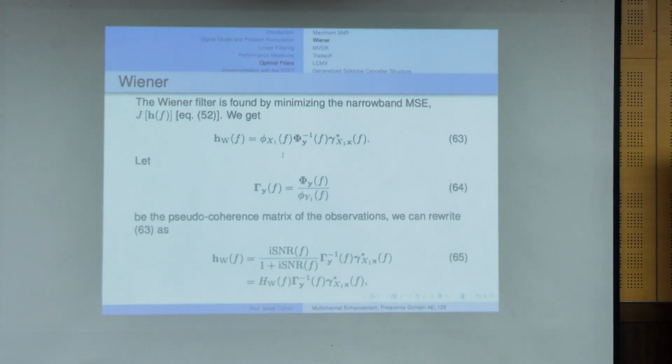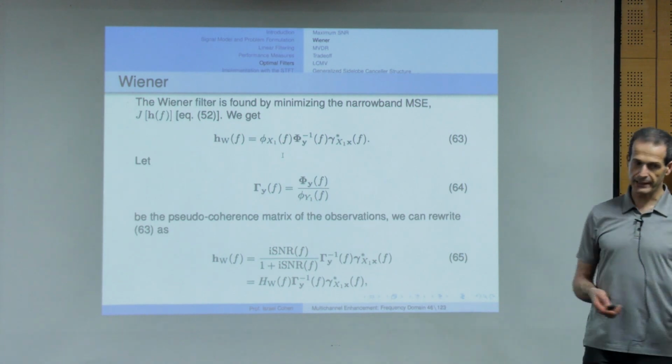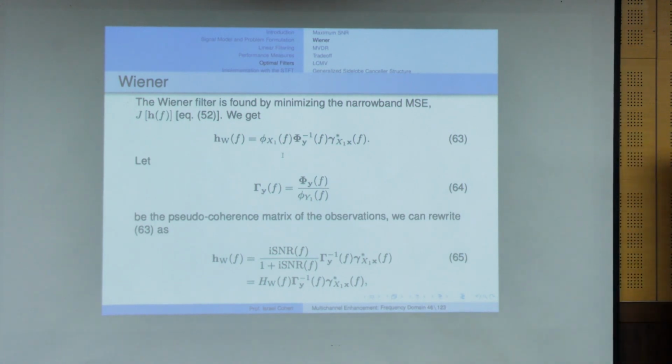Let's continue. Now with the Wiener filter. The Wiener filter is obtained by minimizing the mean squared error. So we saw that we can work with the narrowband mean squared error, which is a summation of two components.